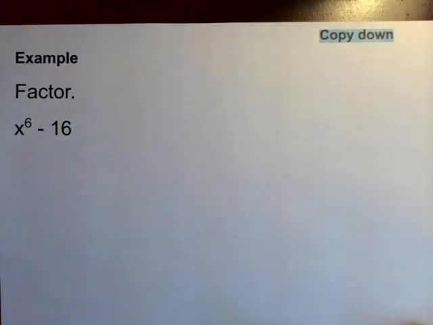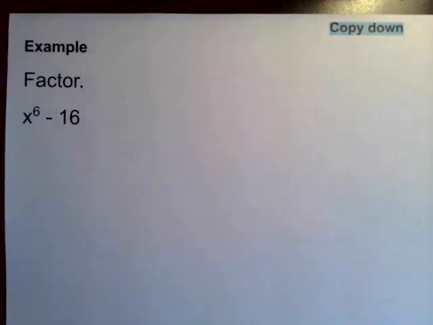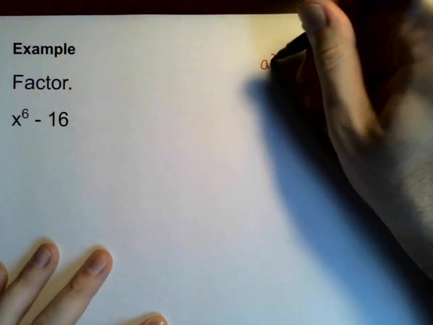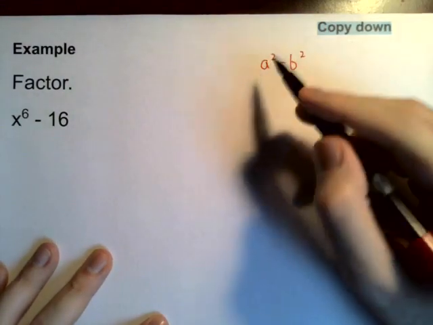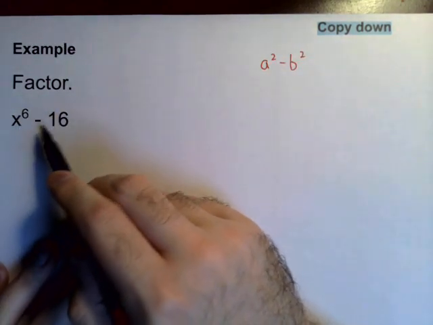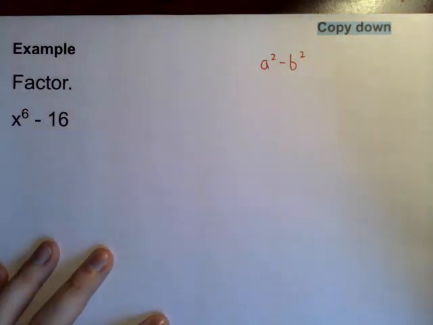Alright, we're going to try one final simple difference of squares, as in does not require any other steps or common factor or anything, just pulling out the a terms and the b terms. So as a reminder, our general case for the difference of squares is when you have a squared subtract b squared, which is the form that this expression is in that we're going to factor.